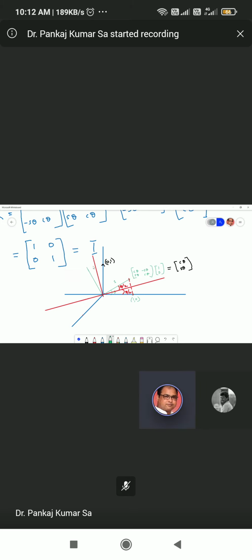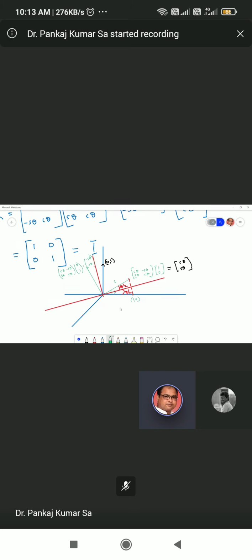So this vector also becomes cos theta, minus sine theta, cos theta times (0, 1), which is equal to minus sine theta and cos theta.